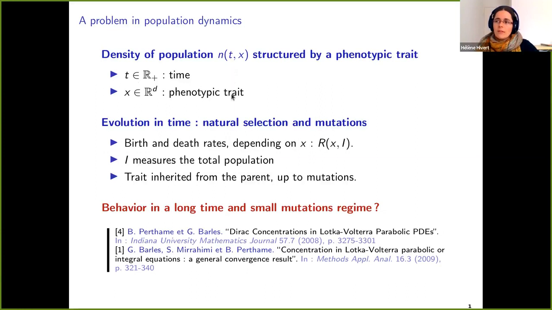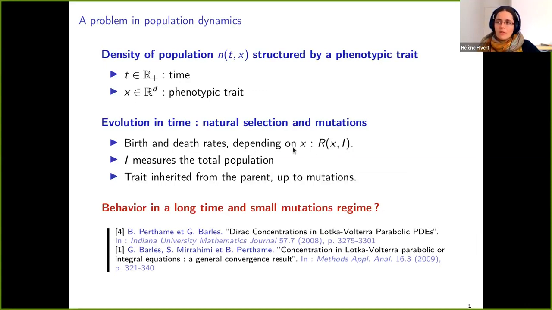We suppose that it is driven by two phenomena. The natural selection is described by this quantity R. It is called the net growth rate, and it describes the births and deaths in the population.